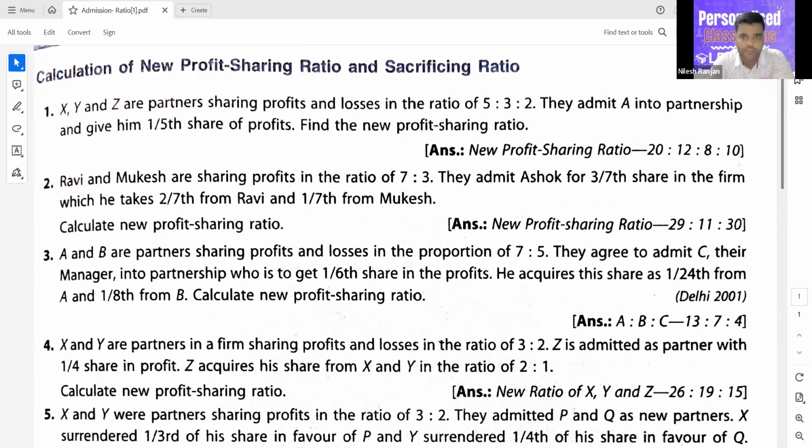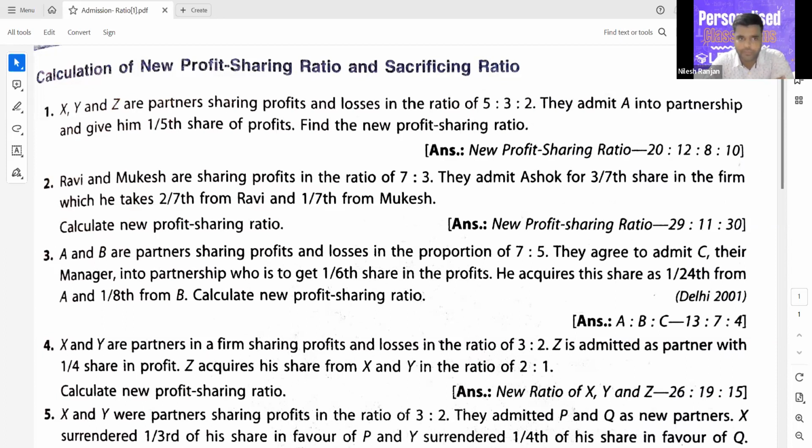Find the new profit sharing ratio. So you are seeing the information given. It is case 1. The old partners' share is given, and the new partner's profit share is also given. There is no other information about ratio.